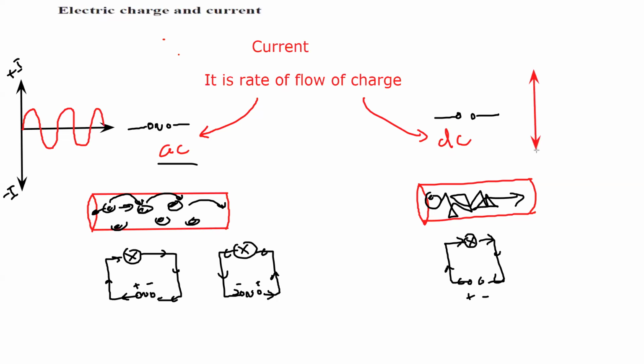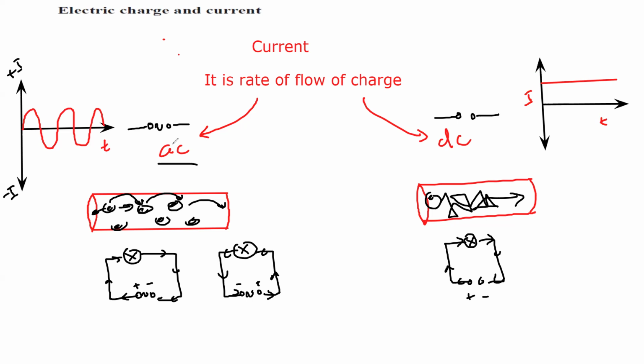But if we have a DC or direct current, the direction of the current does not change. So we use only one of the axes. Either we use the positive axis or the negative axis. So any one of the axes is used to represent the motion of these charges.